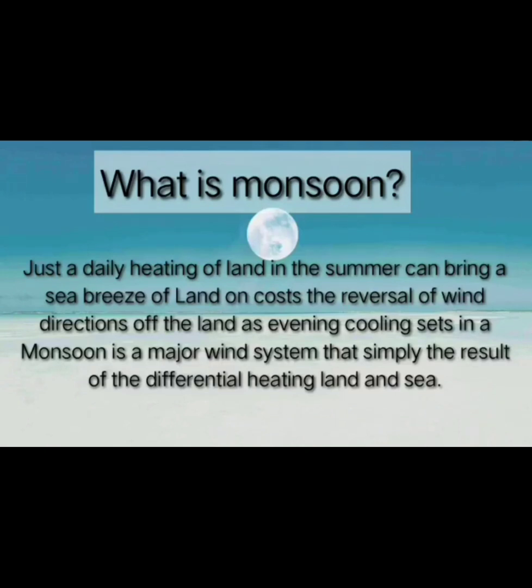A monsoon is a major wind system that results from differential heating of land and sea. Monsoon climates are characterized by dramatic seasonal change in the direction of prevailing wind over a region, which brings a marked change in rainfall and leads to distinct and often predictable wet and dry seasons.